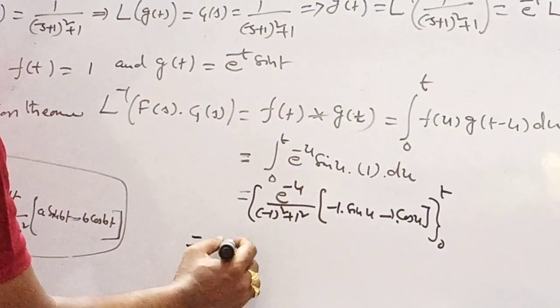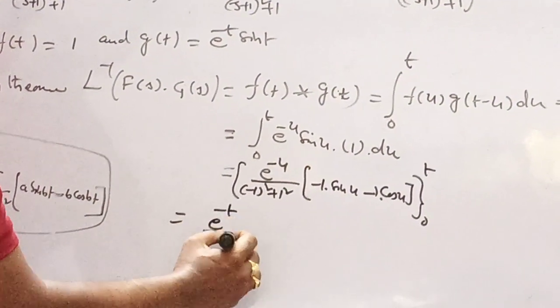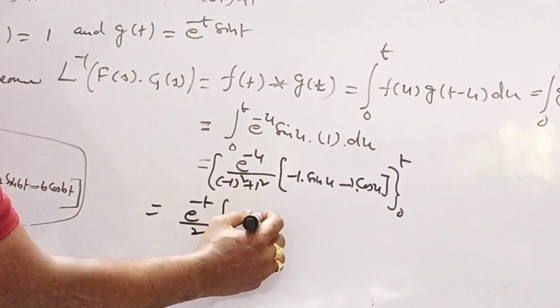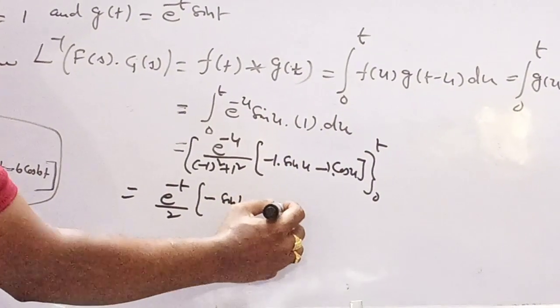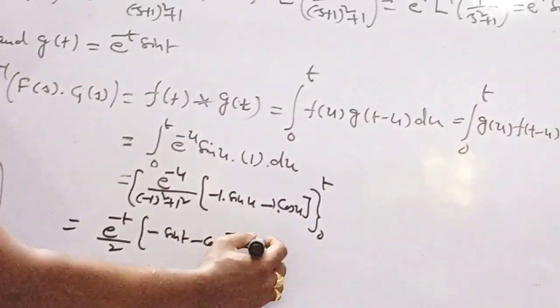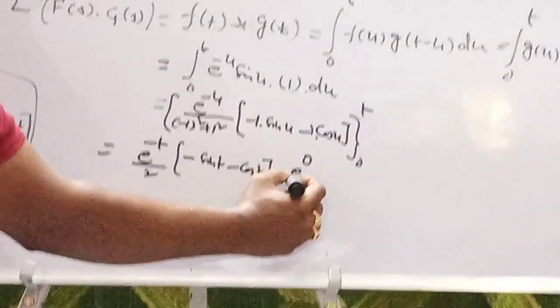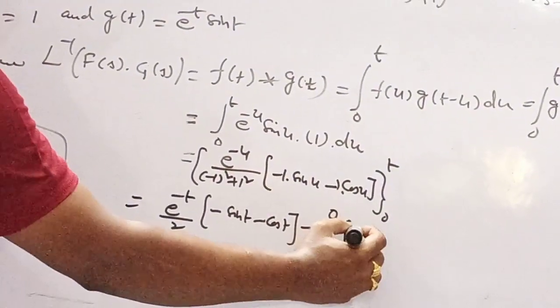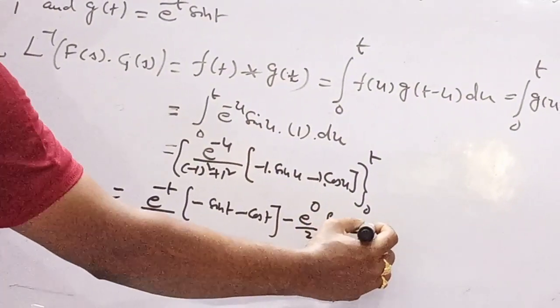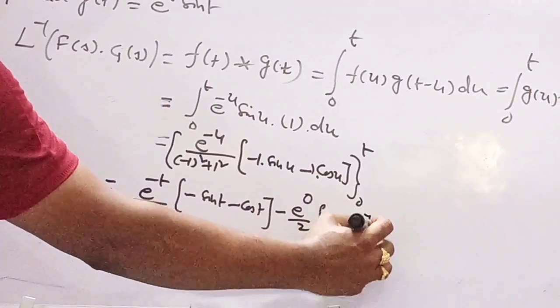So it is equal to e to the power of minus t by 2 into minus sin t minus cos t, minus e to the power of 0 by 2 into sin 0, which is 0, minus cos 0, which is 1.